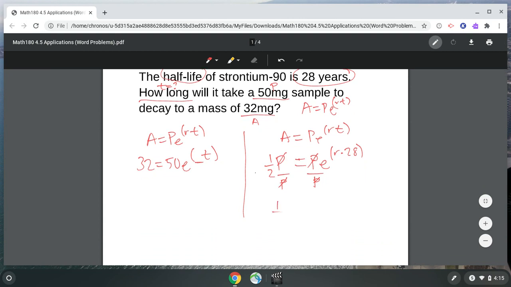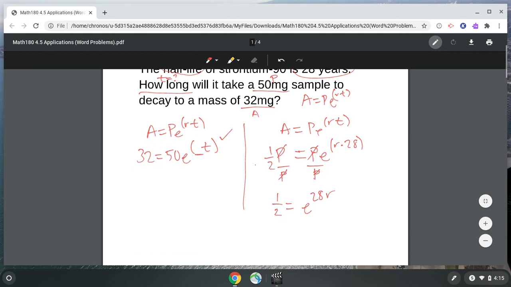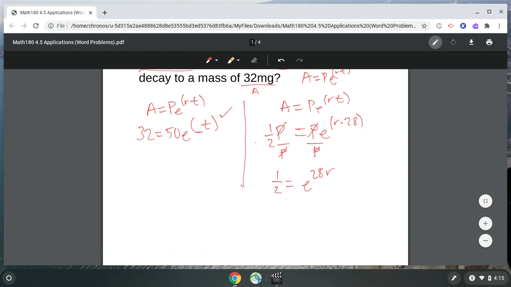So I end up with 1/2 equals e to the 28r. And now I can actually solve for r. This r is going to be the r that we need over here. So let's go ahead and use what we learned from the last section to solve for exponentials. Since that's e, I'm going to use ln.